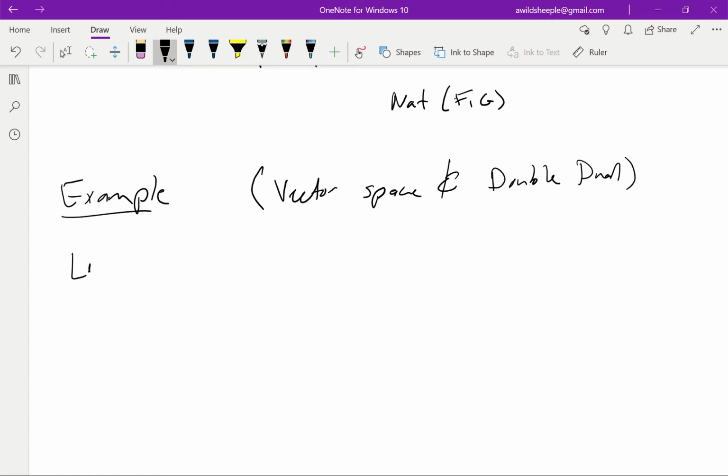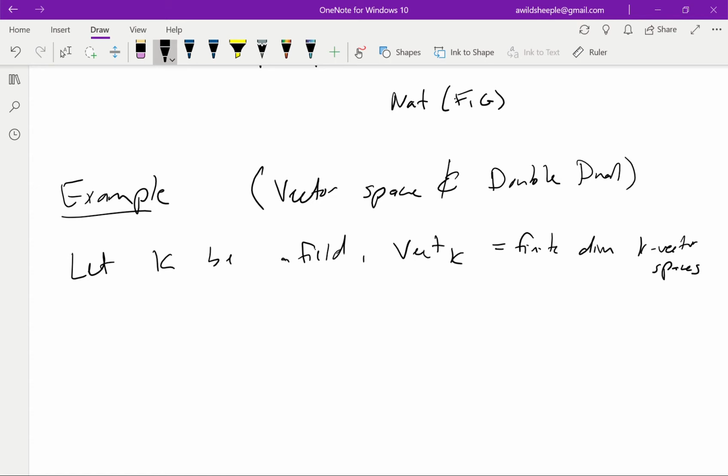So let's fix a field K. Doesn't matter what it is, but if you don't know so much about algebra, then maybe it's R or C. And let's denote by Vect_K the category of finite dimensional vector spaces over K. And we introduce a functor star, which is from finite dimensional vector spaces to itself.